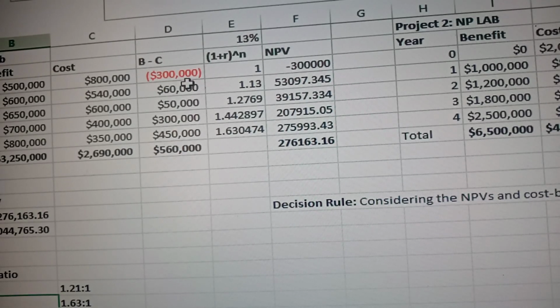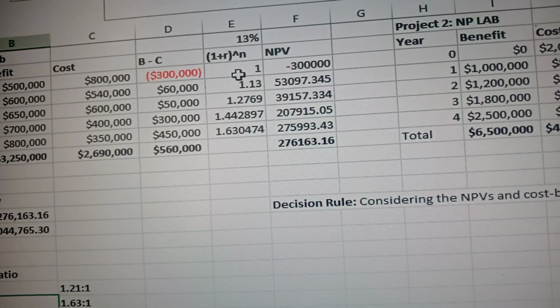The reason why the 300,000 is in parentheses and in red is that the result was negative. So the beginning of everything is always hard. There was a loss of $300,000, so that's why we are seeing $300,000 in parentheses.